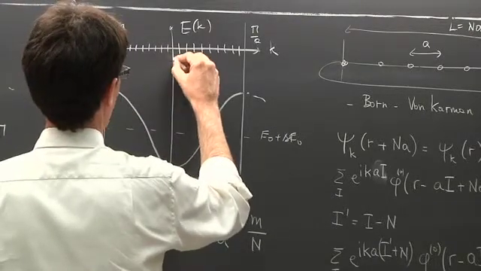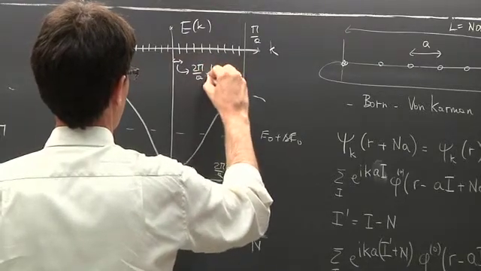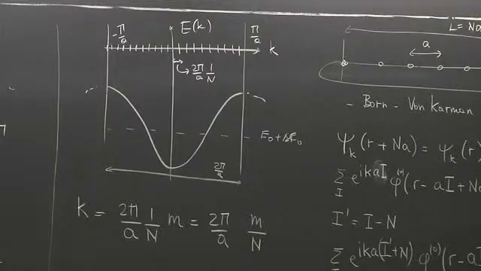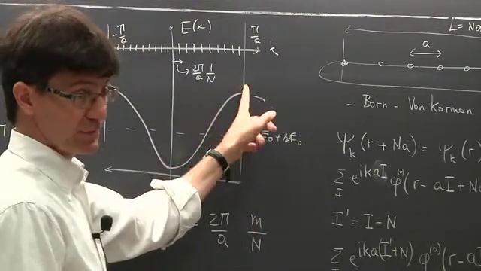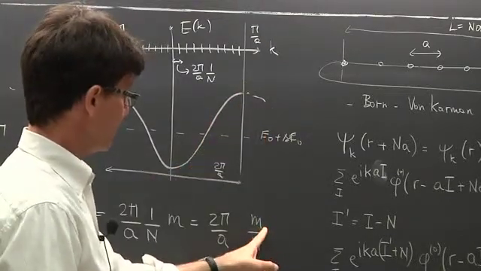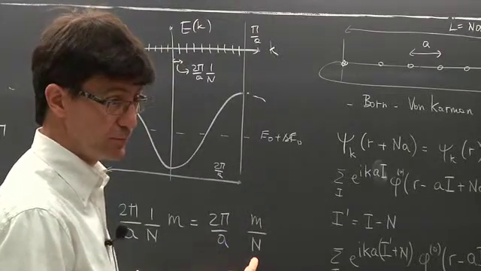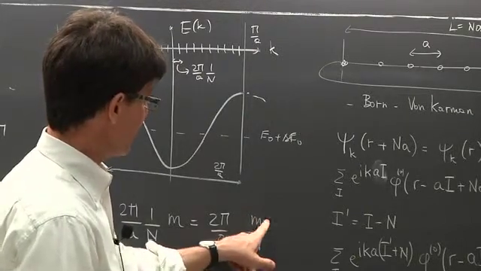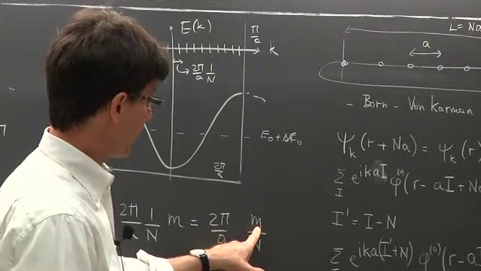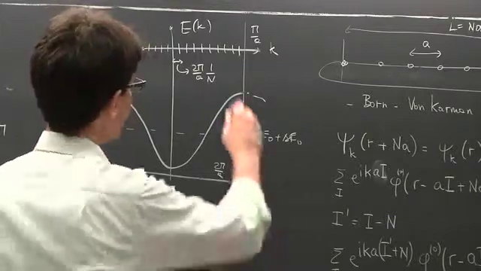The width of this is 2 pi over a times 1 over N. And of course, m, the integer, can only go up to N divided by 2, because if m is equal to N divided by 2, then this becomes pi over a. So that's the last one.